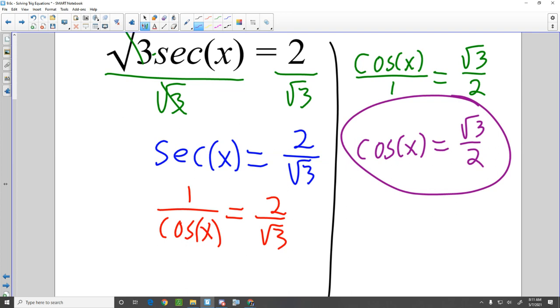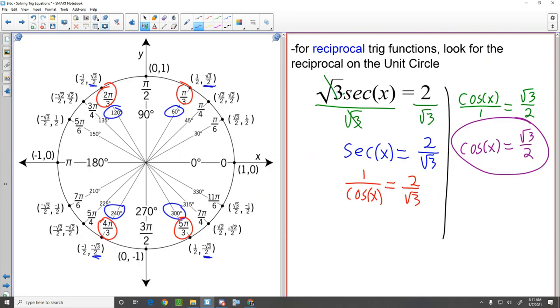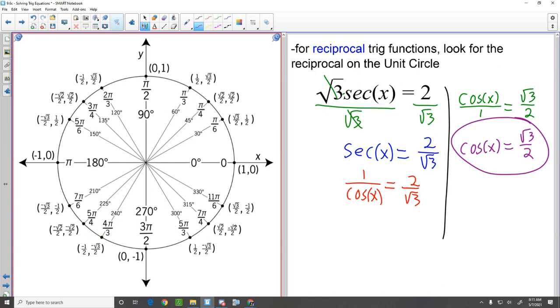So now this is the problem that I'm trying to solve. Cosine, it's an x-coordinate. Go back to our unit circle. Where's there an x-coordinate of root 3 over 2? Yeah, 1 and 4. On the right side, so quadrant 1, quadrant 4. Cosine, that's the x-coordinate. So boom, right there. We're looking at a 30 and a 330.